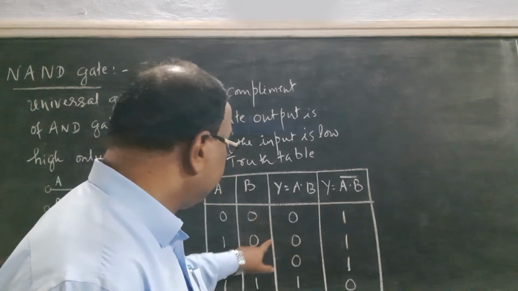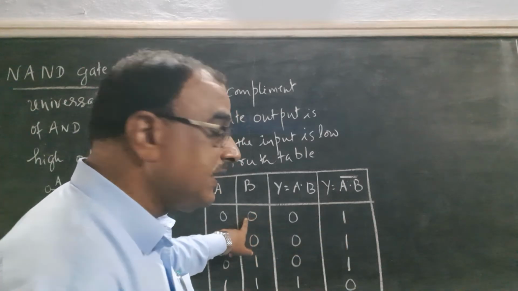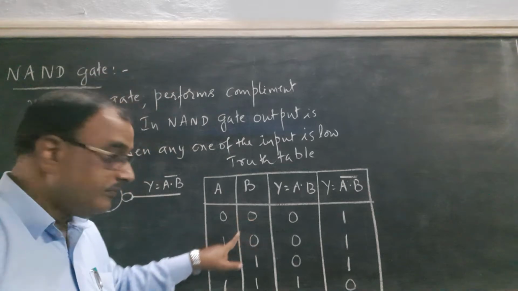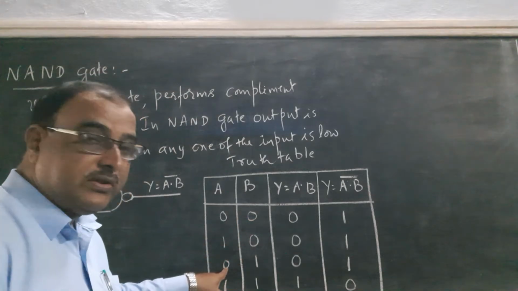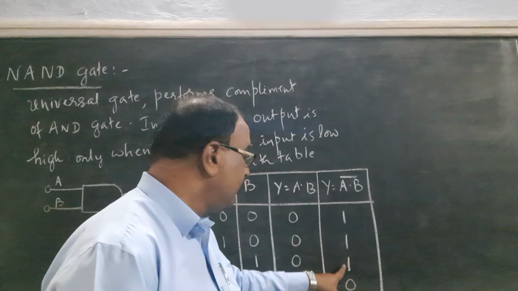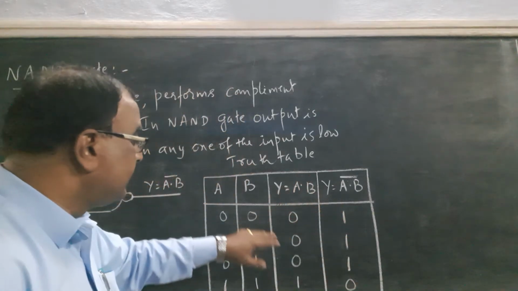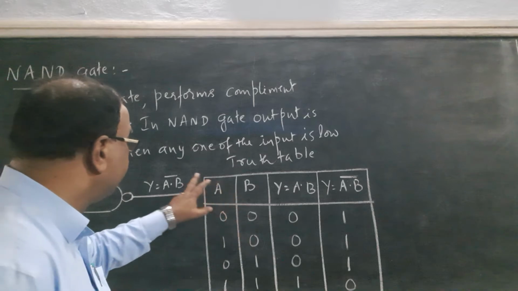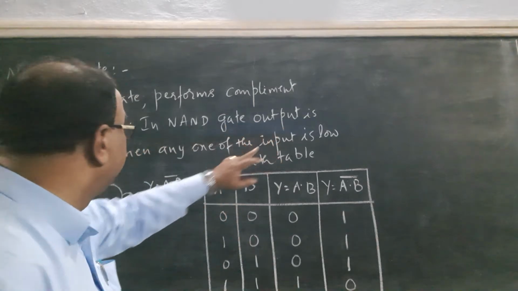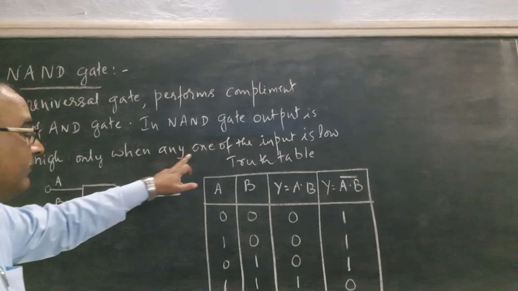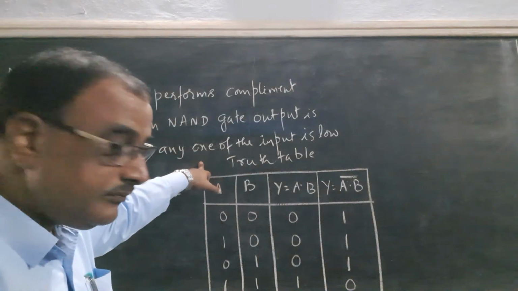Similarly, you can see here when both the inputs are low, or any one of the inputs is low, in such case the output is high. That is easily verified here. So in NAND gate, output is high only when any one of the inputs is low, right?